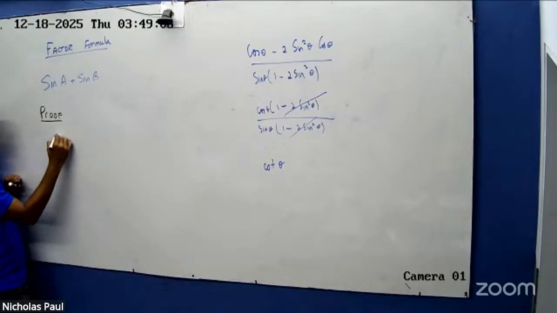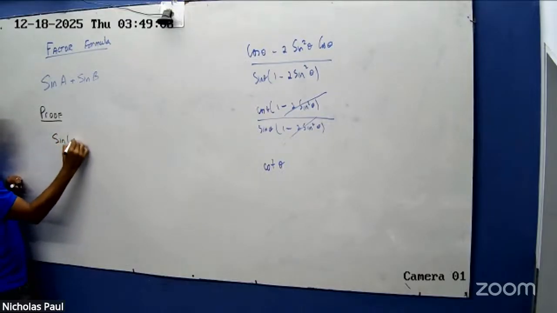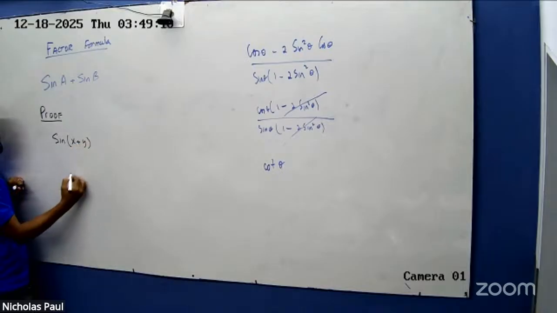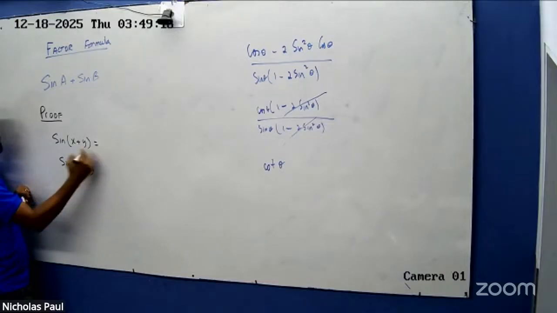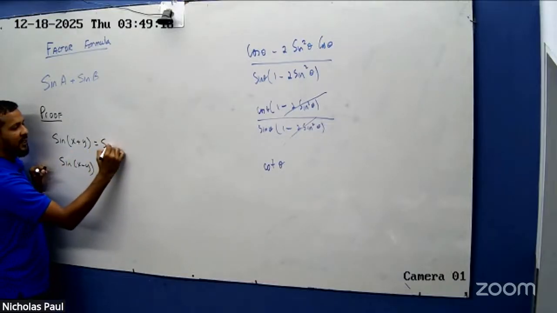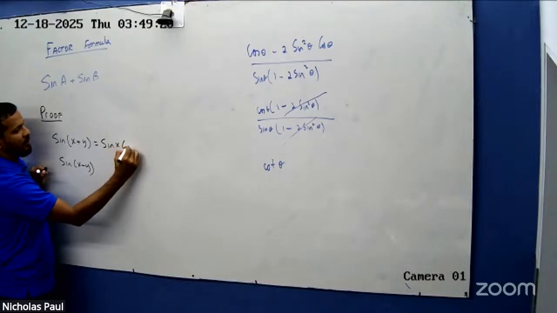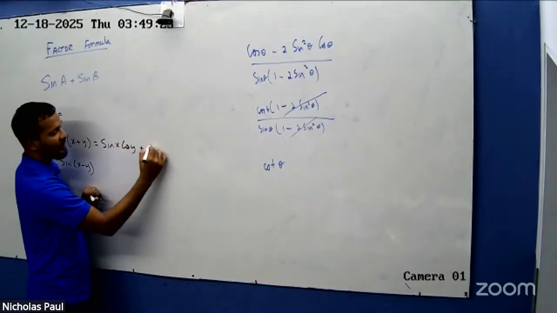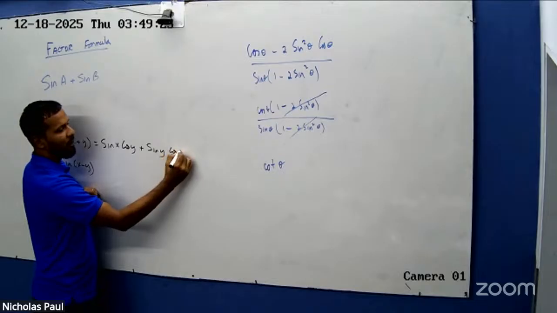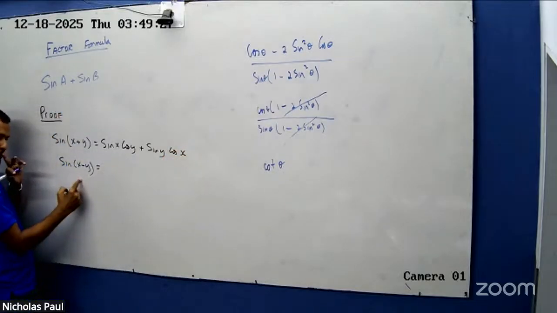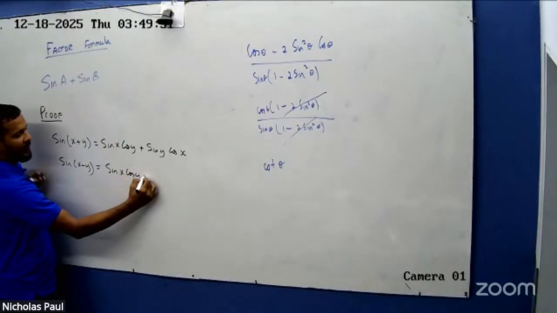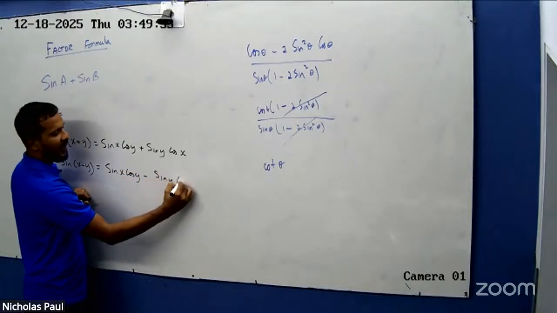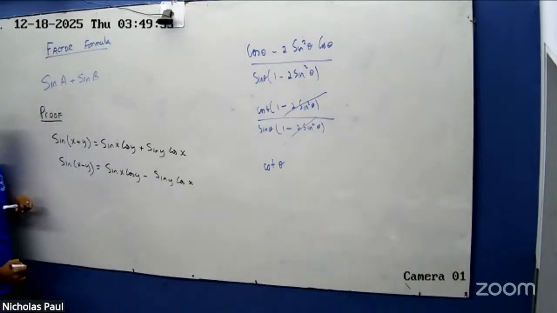So we need to remember what is sine x plus y and what is sine x minus y. This is sine x cos y plus sine y cos x. What about this? Sine x cos y minus sine y cos x, right?